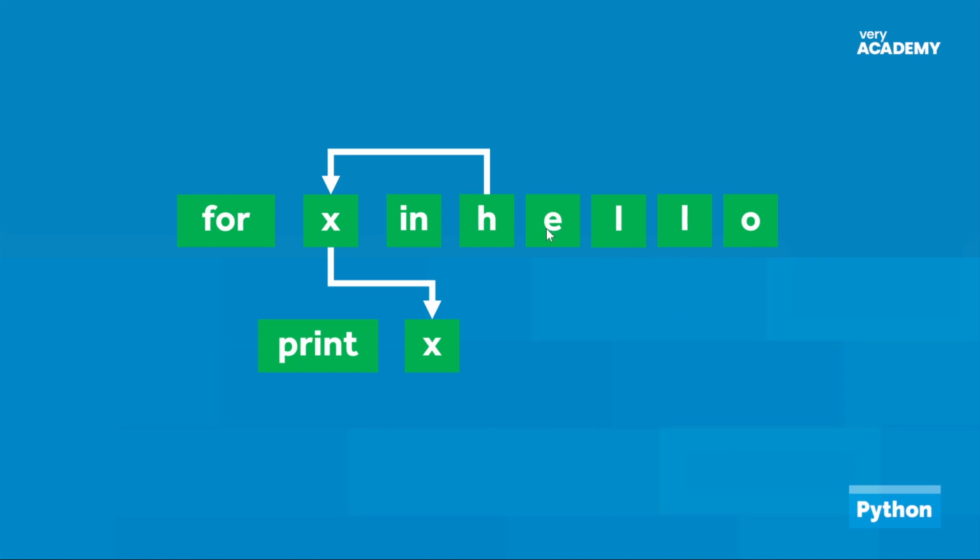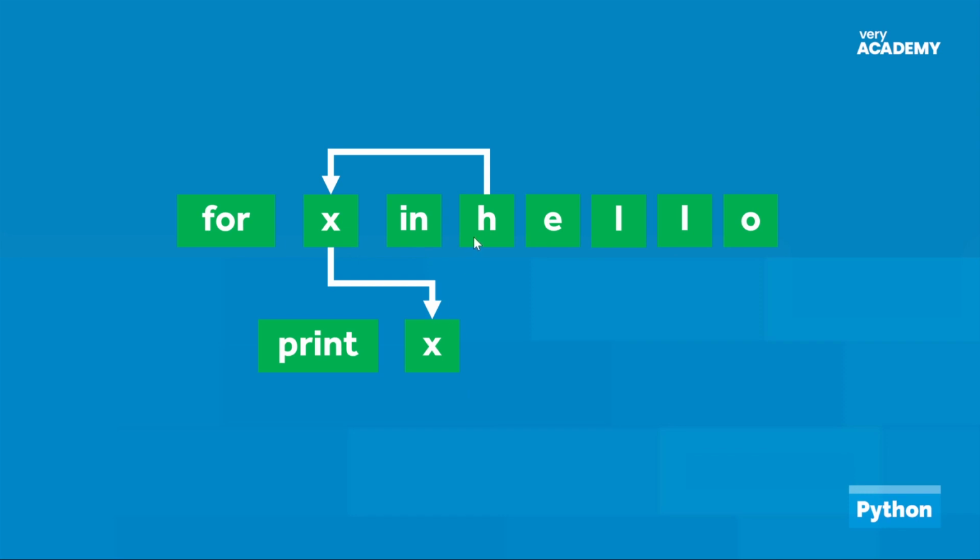For each element, or each part of this string, we are taking the individual component. That individual component goes into X, and then we can reference X within the for loop. In this case, we're going to print it out. So the outcome here is that the H will get printed out to the terminal.